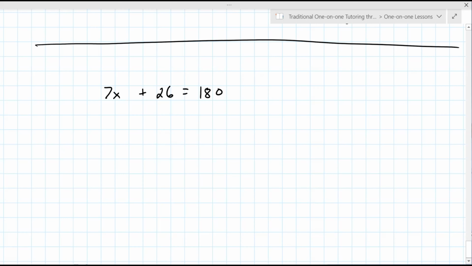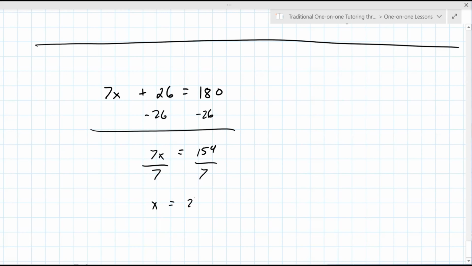That is correct. You subtract 26 from both sides, and you get 7x equals 154. Divide both sides by 7, and x equals 22.